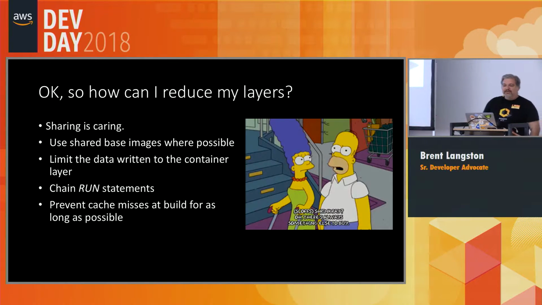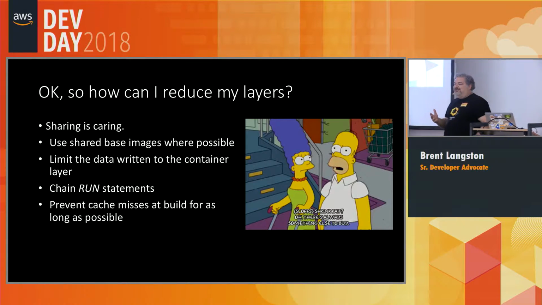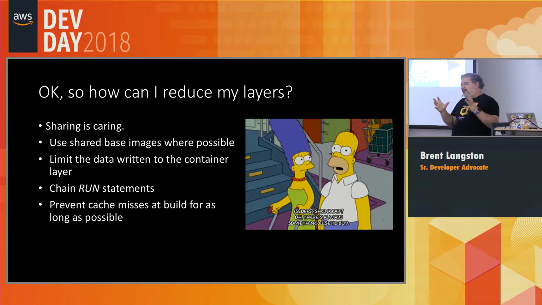Okay, so how can I reduce my layers? Well, one thing to keep in mind is sharing is caring. Sharing is very useful. So, for example, try, if you can, to standardize on the same base image, or at least a handful of base images. At places that I've worked in the past, I encouraged polyglot development, but that didn't mean it was the Wild West for images.